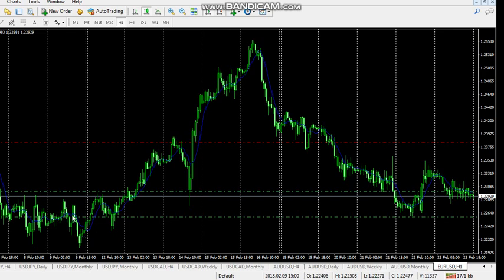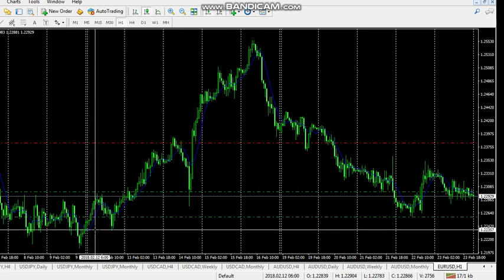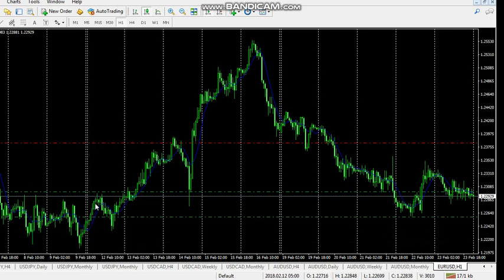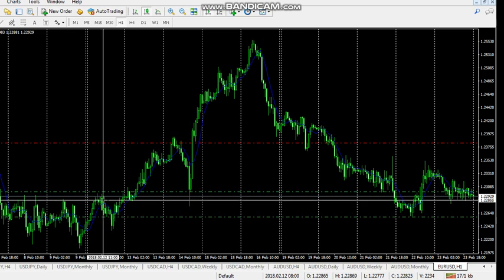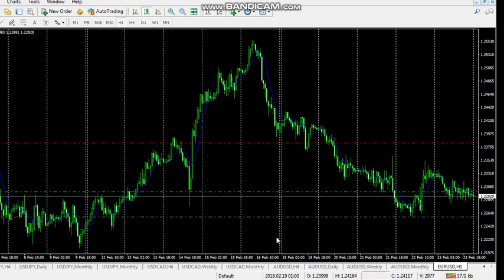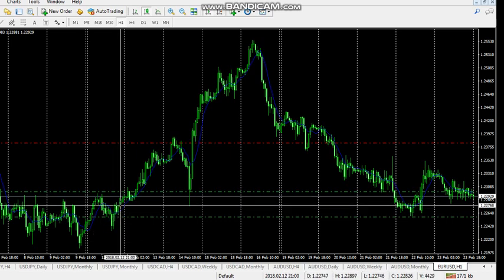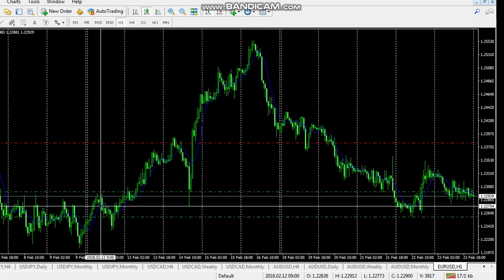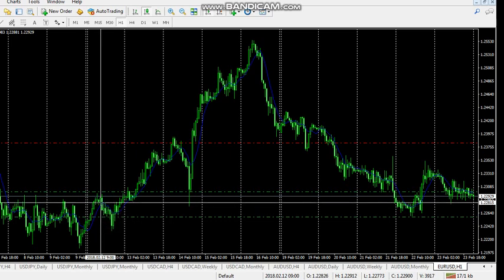Price breaks out of this resistance and goes up, and then creates support and resistance at 1.228. If price breaks out of this support, price goes down.